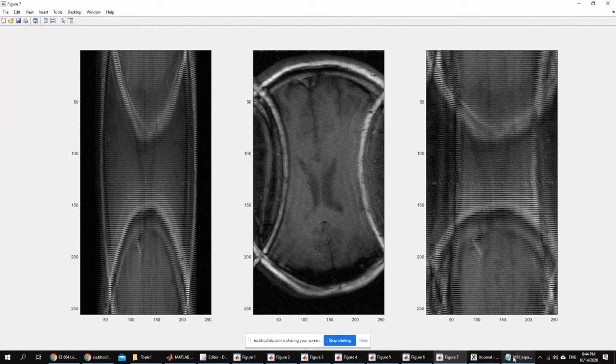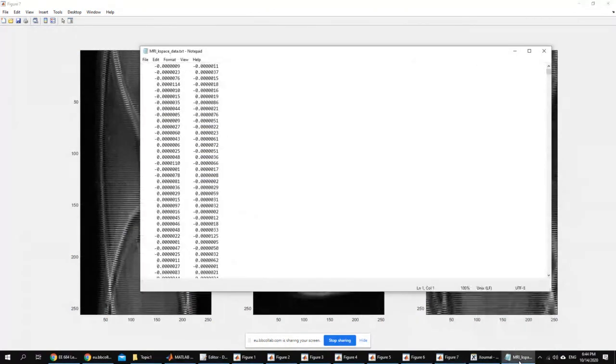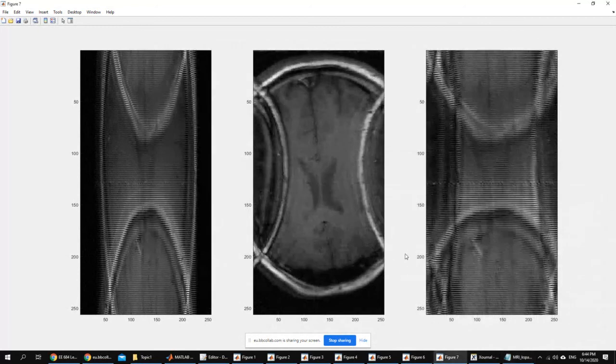Why do people actually have this aliasing problem? They should try to avoid it. But the problem is sometimes you need to acquire the image in less time. Basically, if I have to acquire 1,000 samples, usually the acquisition time is proportional to the number of samples that you have.